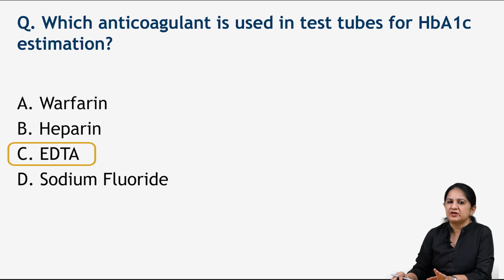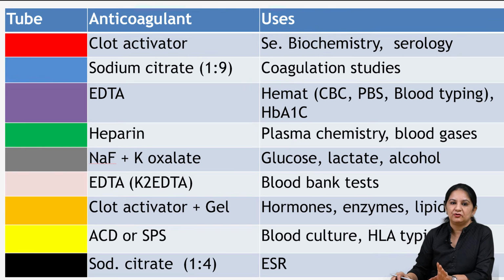Let's quickly revise the color codings of all the vacutainers. Red vacutainer, there's a clot activator only and you use it for serum biochemistry and serology. Blue, sodium citrate in a ratio of 1:9. Please note the ratio is 1:9 and it is used for coagulation studies.